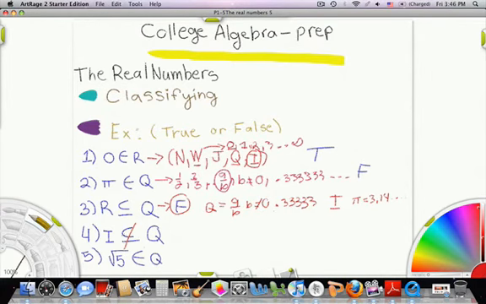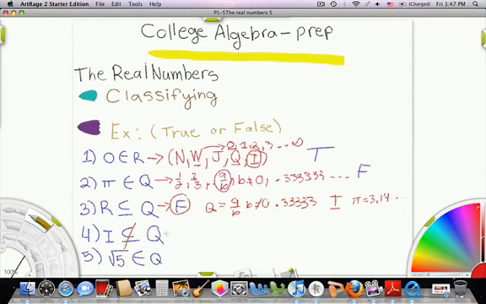So let's move on to number 4, which states irrational numbers are not in the member set of rational numbers. And let's see, if we took all of our irrational numbers, which are 3.14, remember that, square root of 2, 1.4, and it's saying these are not in the member set of rational numbers, which is true.